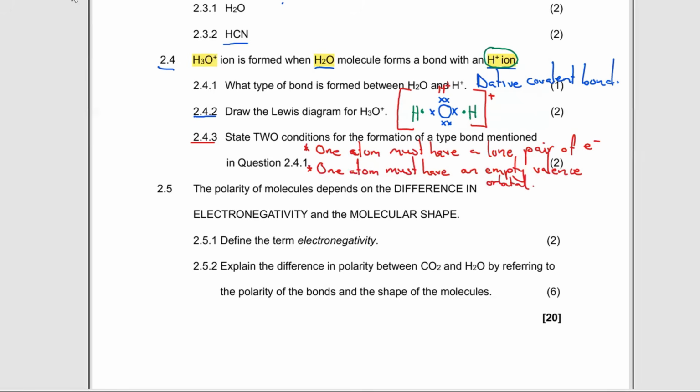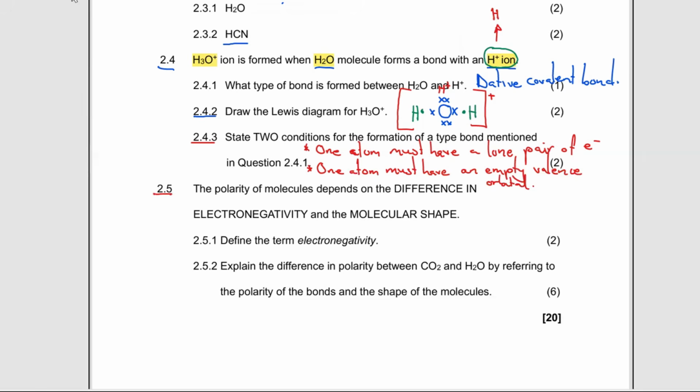For example, in this case hydrogen was neutral, but after it lost its electron, it has zero electrons. It is just an H plus. So if we were to throw it, there wasn't going to be anything around the hydrogen in terms of electrons because it already gave out its electrons. That's why we are saying one atom must have an empty valence orbital. The outer shell must be empty.